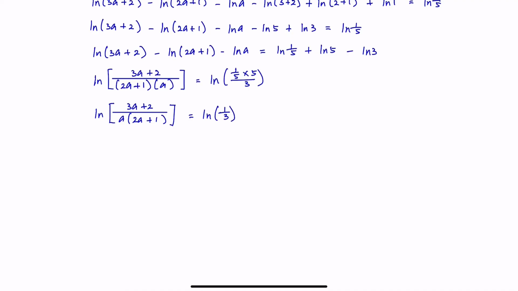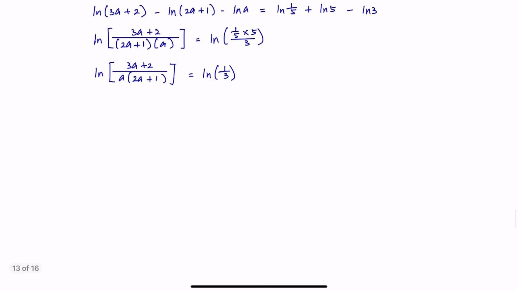And now we can cancel the ln off. So we have (3a+2)/(a(2a+1)) equals 1/3.